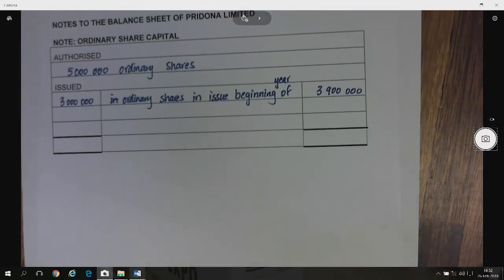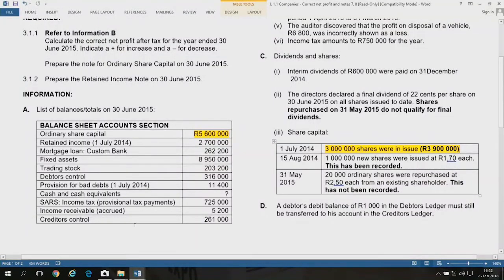Okay, let's go back to our information. The information said that we issued 1 million new shares at R1.70 each on the 15th of August. This has been recorded. I will come back to this. Let's go there. 1 million new shares at R1.70.